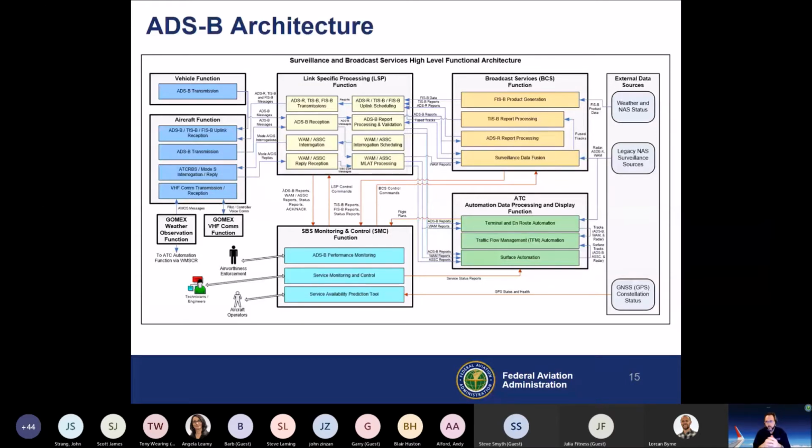This is something that we really focus on in the US, the importance of correct position being fed to air traffic. So we go through an extensive validation process to make sure that that information is valid. There are a number of reasons for that. One is you don't want a spoofed position to be fed to air traffic control, which could be hazardous and misleading information.